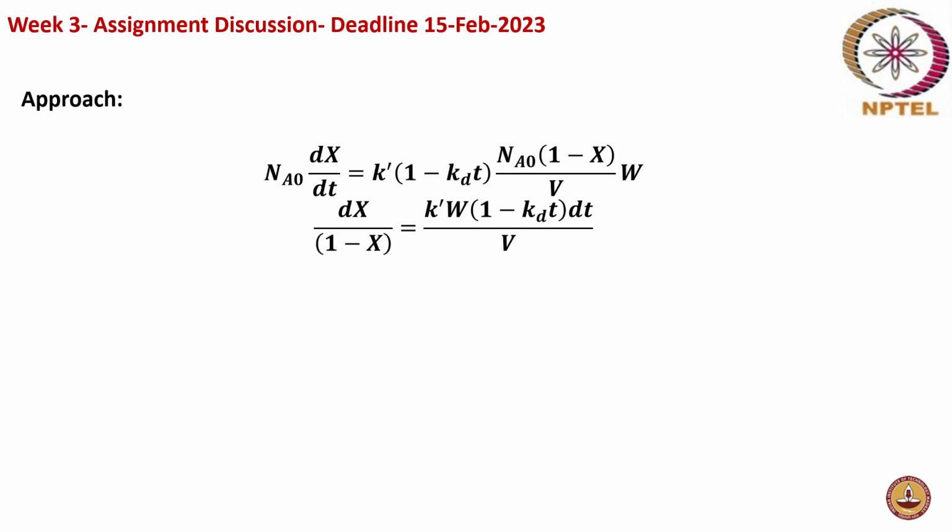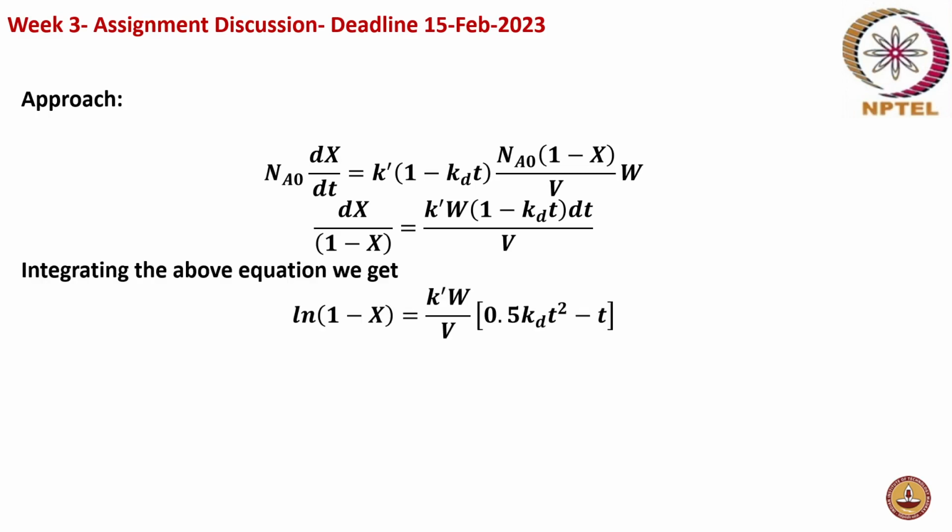So dX/(1 minus X) is equal to K prime W times (1 minus Kd t) times dt by V. Again you have to integrate. Once you integrate, you will get an expression: ln(1 minus X) is equal to K prime W by V multiplied by (0.5 Kd t square minus t). Right?